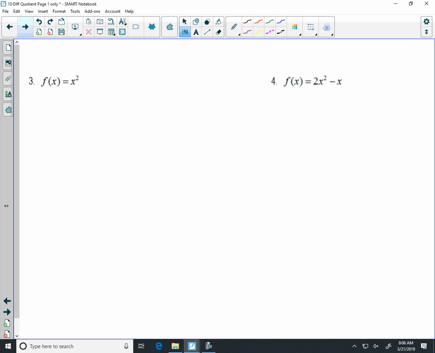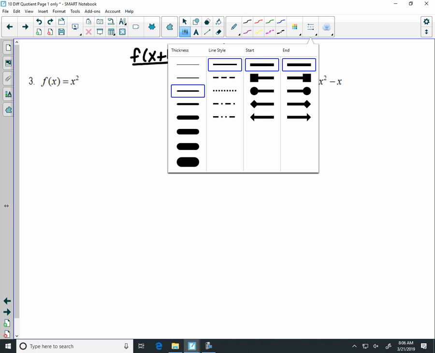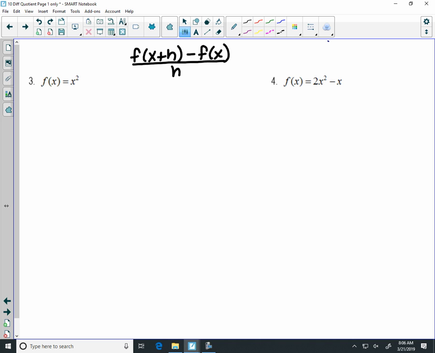So we have to be careful when we're dealing with x squared. Again, our equation is this, f of x plus h minus f of x all over h. So when we're squaring, hopefully you're kind of forecasting what I'm about to say. We're going to have to be really careful with squaring the binomial.